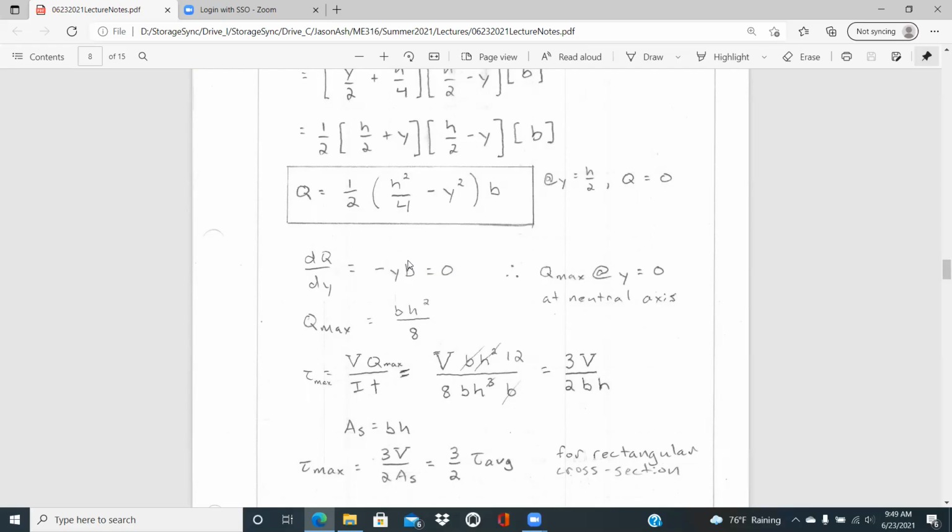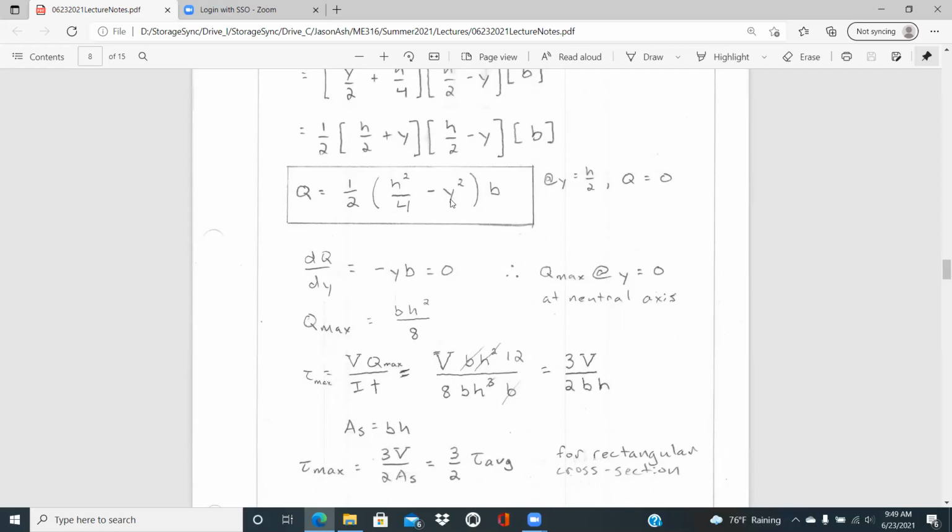And so we'll find that to locate a maximum value, we take that derivative and set it to 0. That would only occur, the width is not going to be 0, otherwise there would not be any geometry, so that only occurs when y is equal to 0. And so we get the maximum transverse shear stress occurring at the neutral axis.